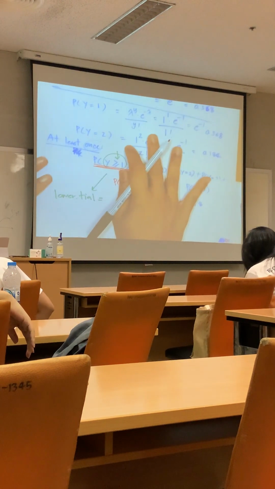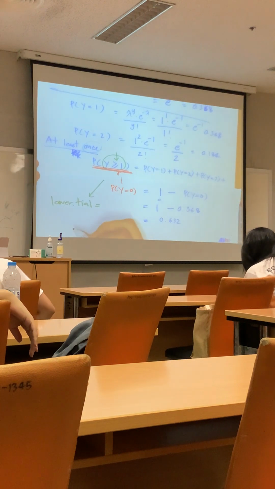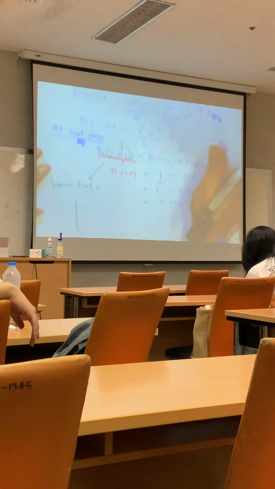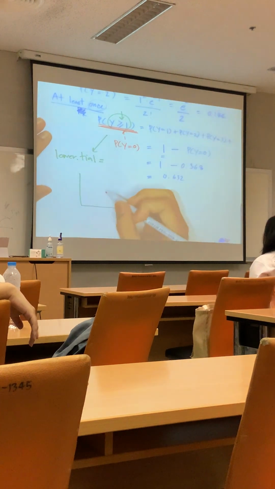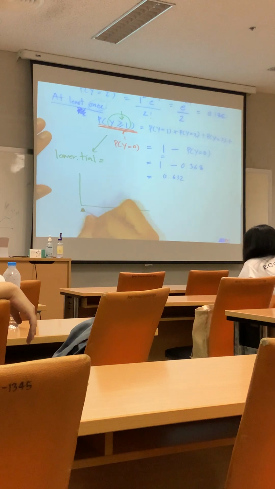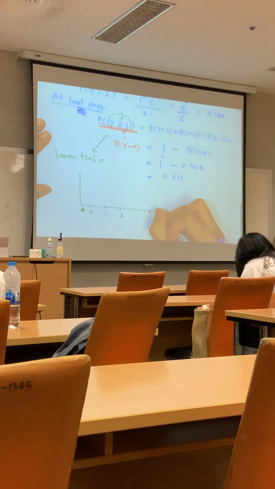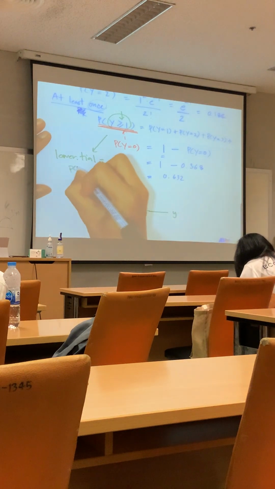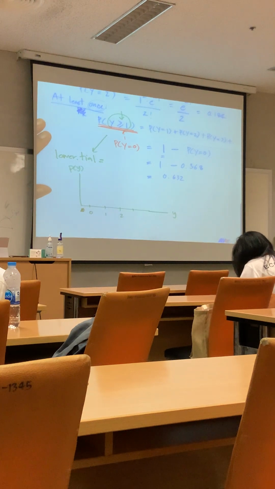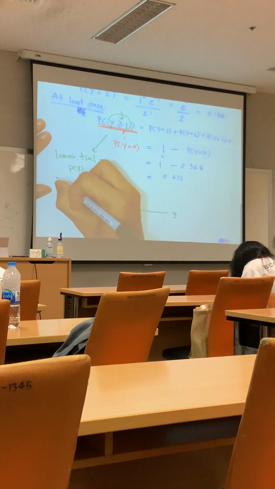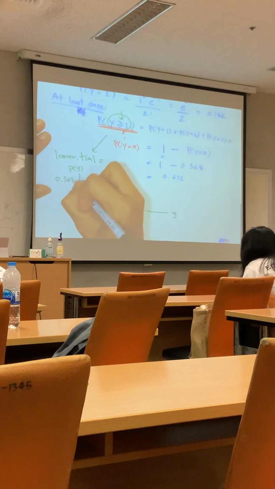If I were to draw a distribution, I start from 0, 1, 2, and that is y, and then p of y. For Poisson, the probability of y equals 0, we know that the height of this bar will be 0.368.